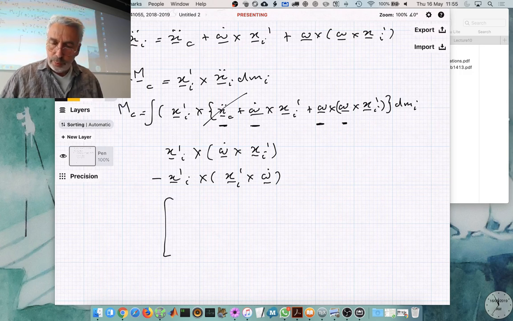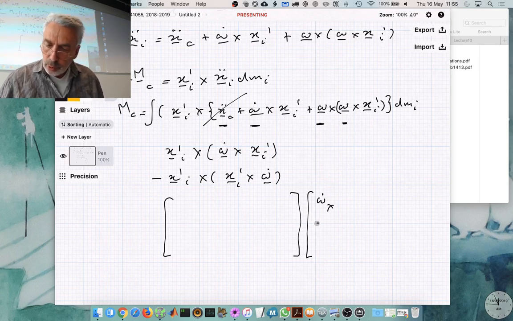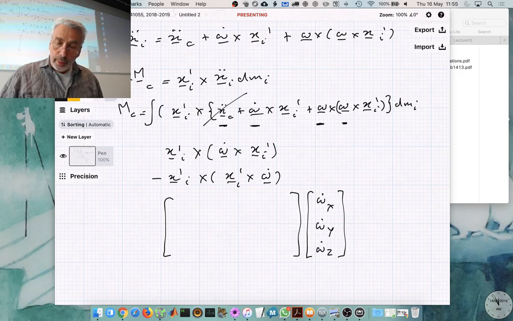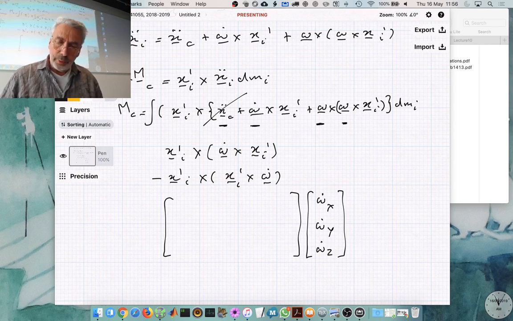So I can finally write it as a matrix times omega dot x, omega dot y, omega dot z, because this is just linear in these omega dots. And then within these brackets, I have this double cross product thing, which is super complex to do, but it turns out you get the following thing.